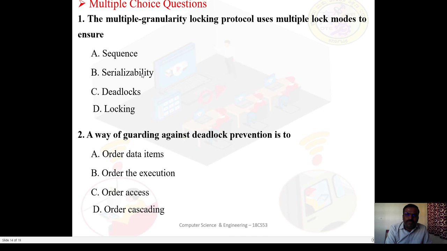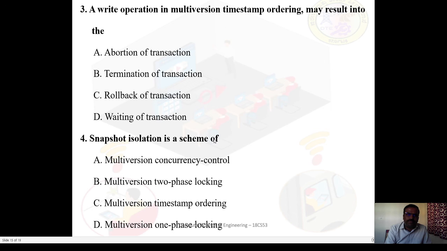Answer is B. Serializability. Second question is, a way of guarding against deadlock prevention is to A. Order data items, B. Order the execution, C. Order access, D. Order cascading. Answer is A. Order data items.